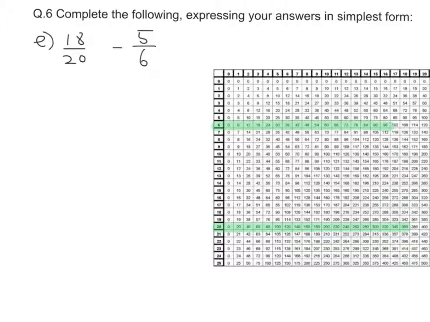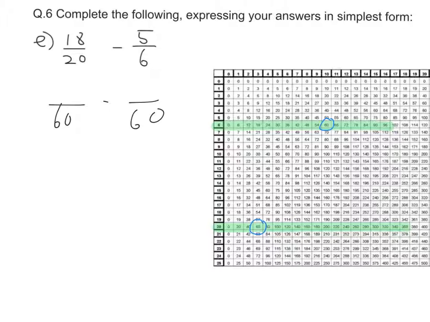Okay, so I can see that there's a number 60 over there and a number 60 here. So as you can see, this is the first number that they share, the number 60. So that's the lowest common multiple. So now I write down 60 for both.